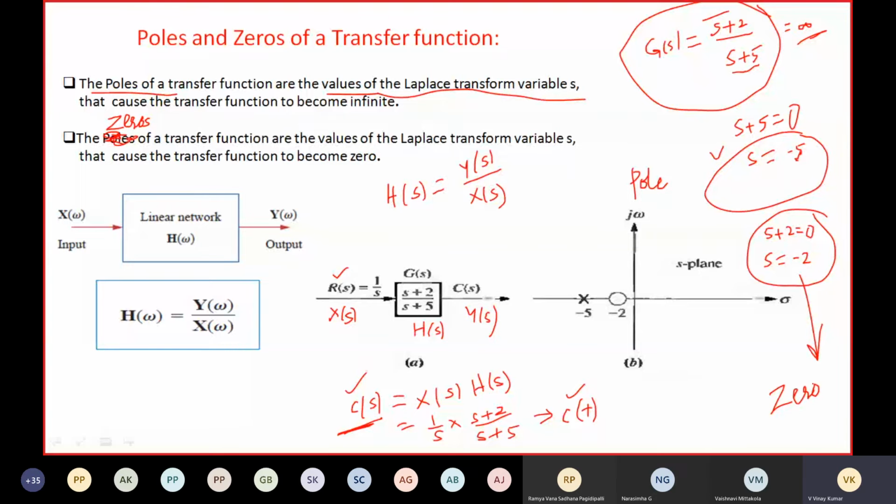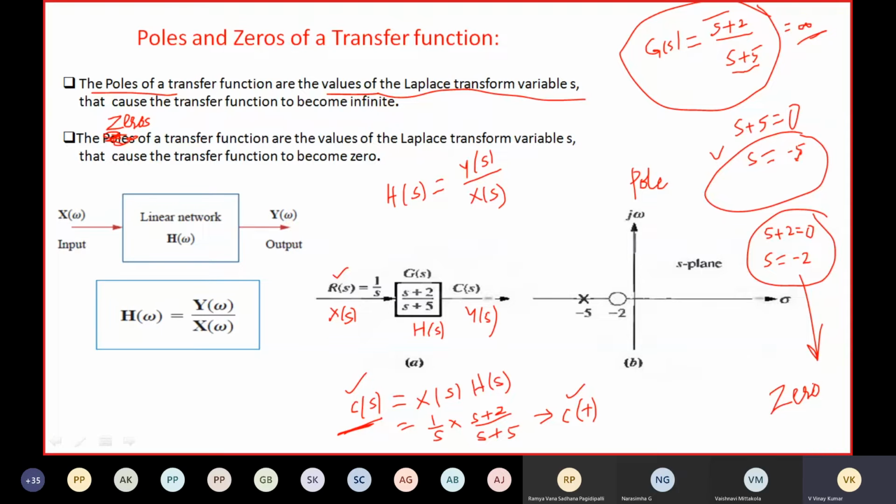By definition, the zeros of a transfer function are the values of the Laplace transform variable s that cause the transfer function to become 0. Making the transfer function 0 means making the numerator 0. The numerator of the transfer function is s plus 2.